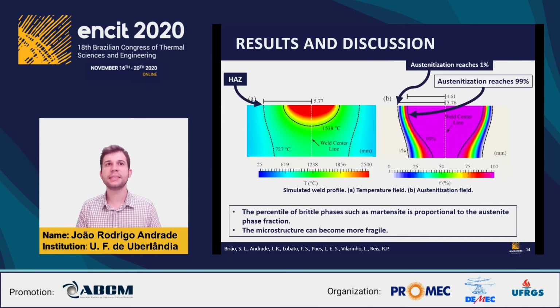Two different methodologies for the heat affected zone delimitations are obtained. For figure A, on the left side, we used a critical temperature. In figure B, on the right side, we applied the austenitization phase fraction by employing the GMA equation.